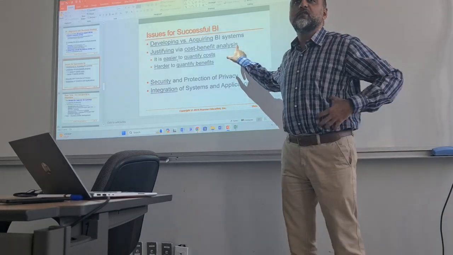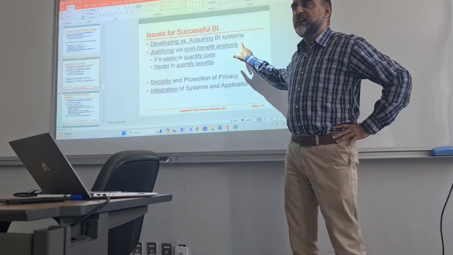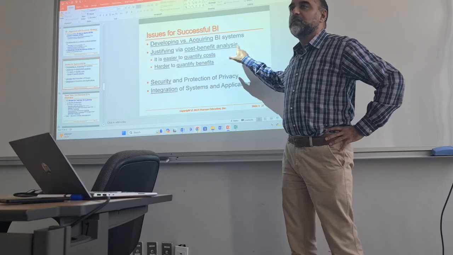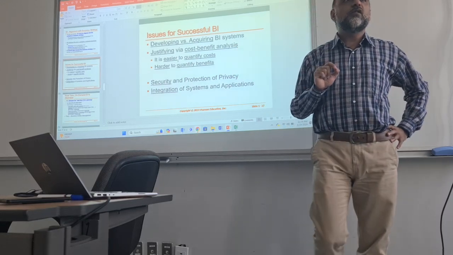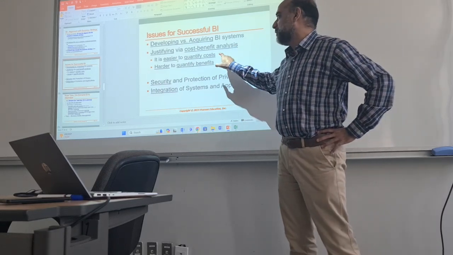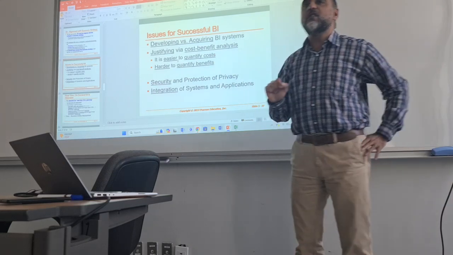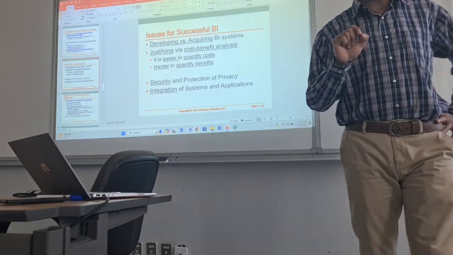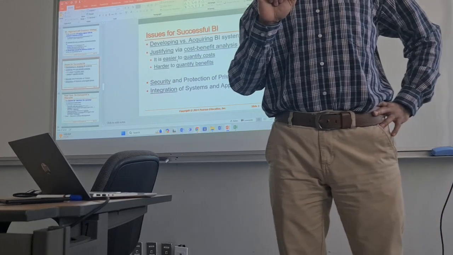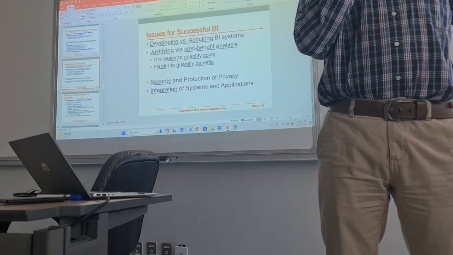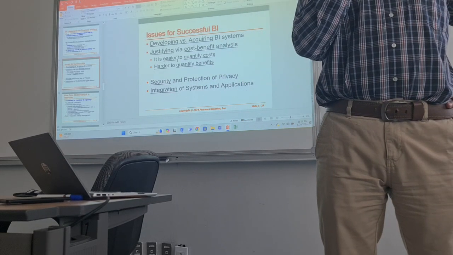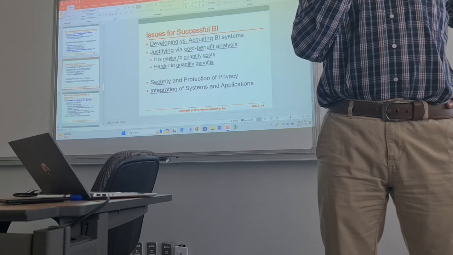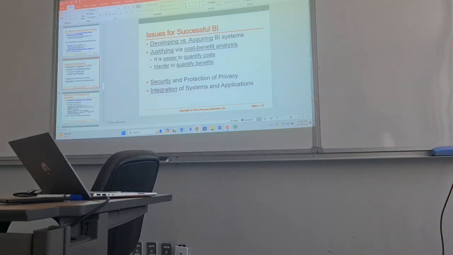Then I already told you that as a BI planner, you have to do cost benefit analysis, but there is a problem here. Quantifying cost generally turns out to be a much simpler thing. What is less cost than the other? It could be one of the strategies, right?